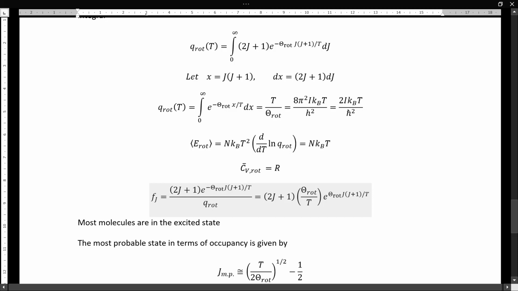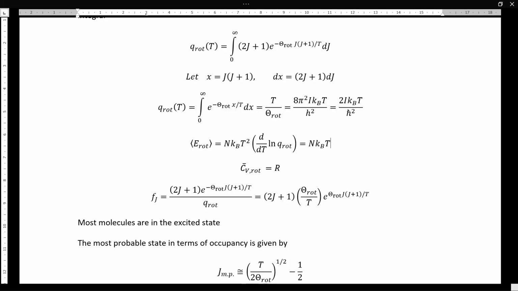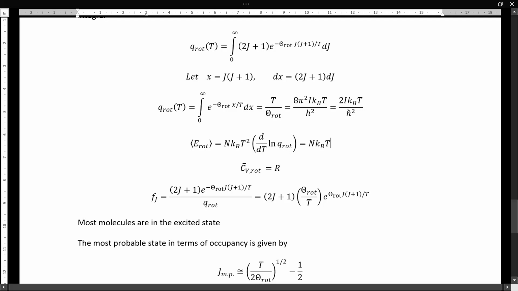Now, like we had F_v, the fraction of particles in the jth state, F_j can be easily evaluated likewise, and here I have a formula for that: 2j plus 1 e to the power minus theta rotational j into j plus 1 by T, divided by Q rotational.